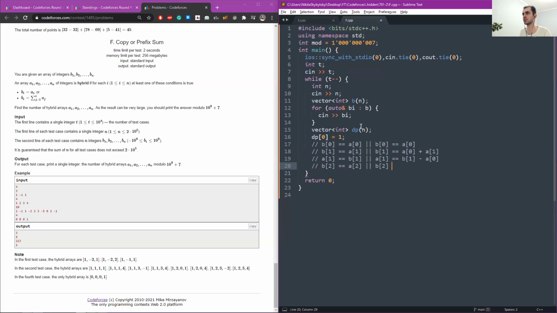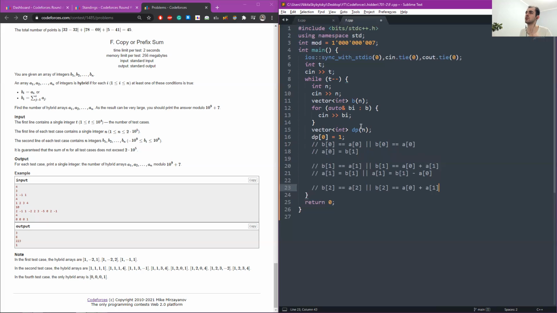Because the second condition says, so here you actually have a clear value. Here you have two options, but A0 is determined uniquely. That's important.